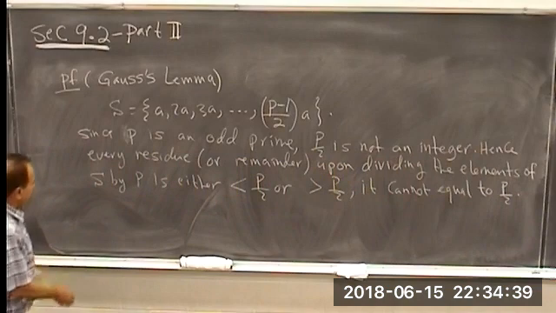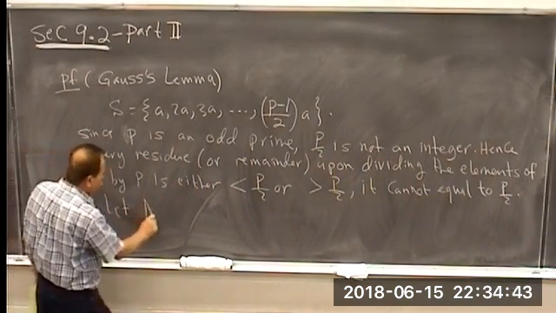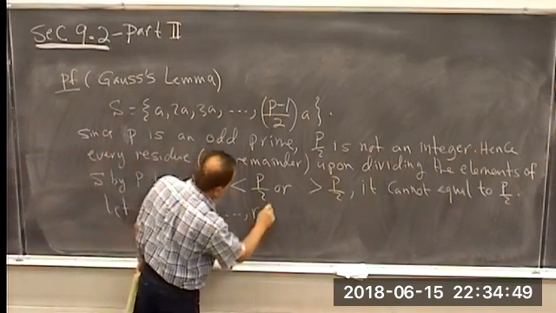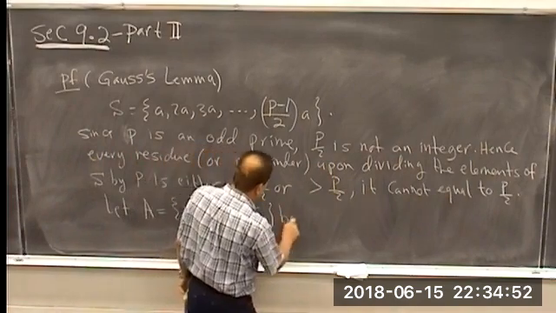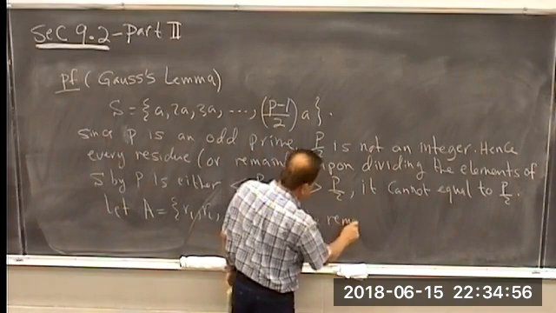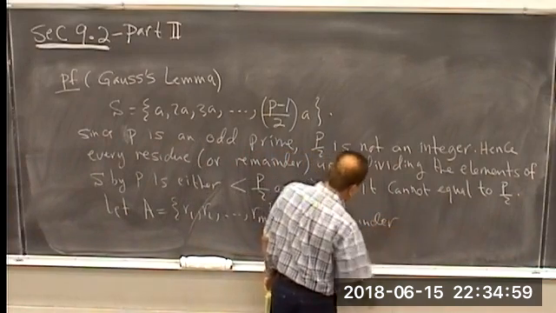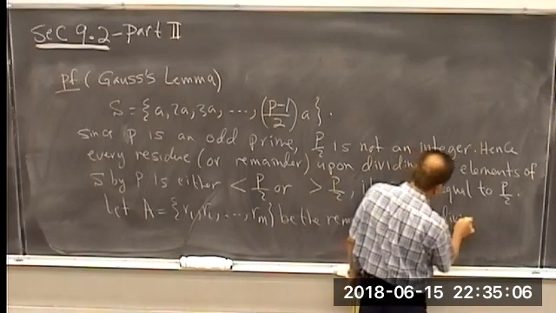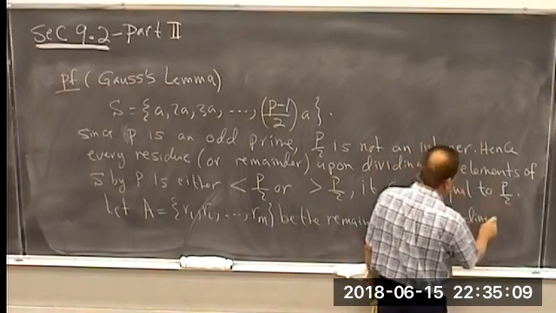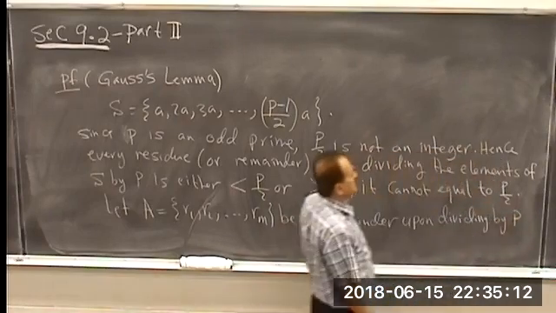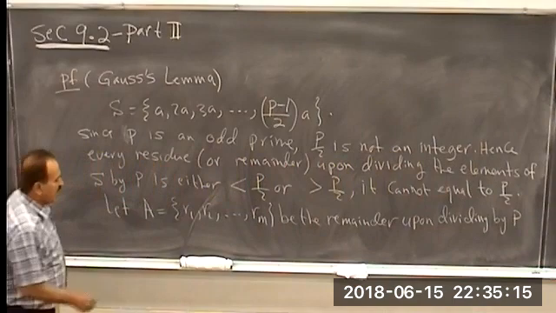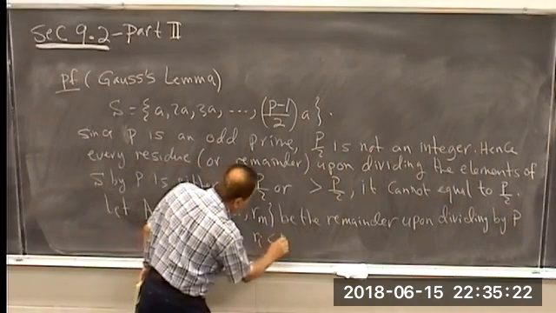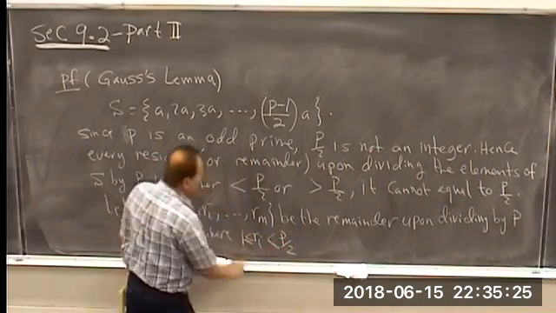All right, now we're going to let A consist of R1, R2, up to Rm, the remainders upon dividing again the elements of S by p, where these Ri's are smaller than p over 2, and they are bigger than or equal to 1.